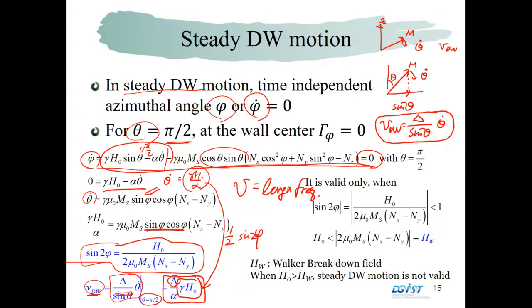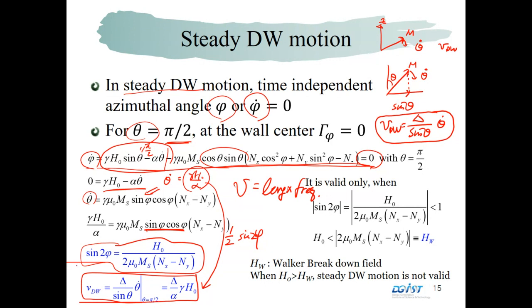So it should be given by delta gamma H0. And also, the damping alpha plays a role, as we explained. The alpha determines how fast the magnetization aligns to the field direction. If alpha is large, then the magnetization is aligned to the field direction faster. If alpha is small, then it takes longer. So anyway, finally, we can obtain this relation.